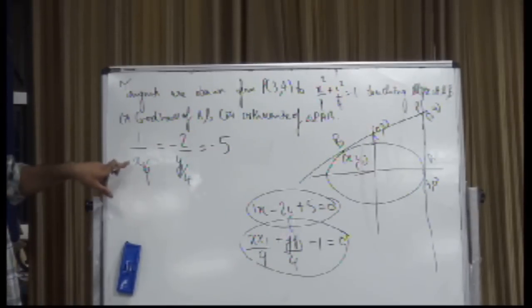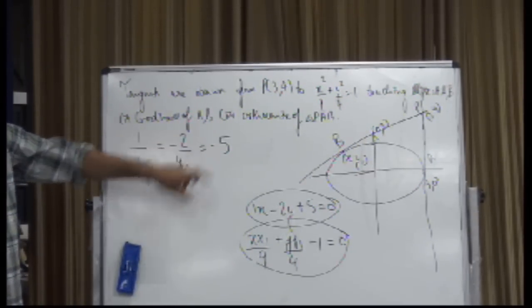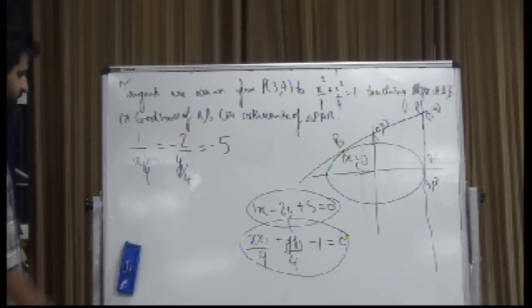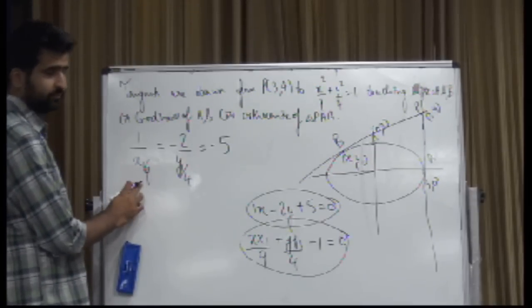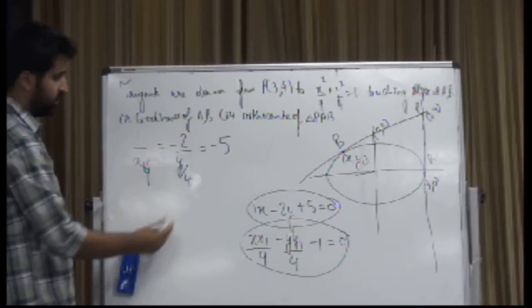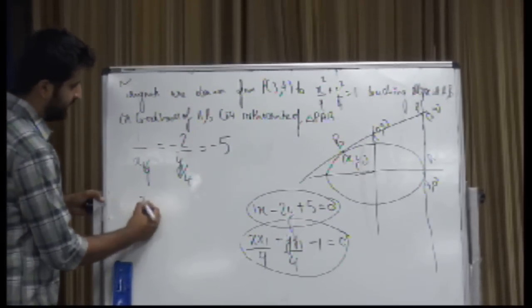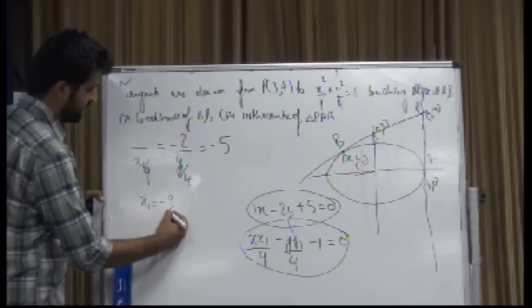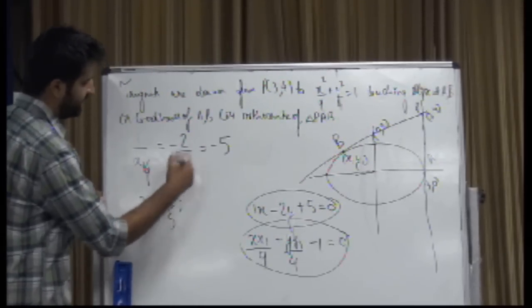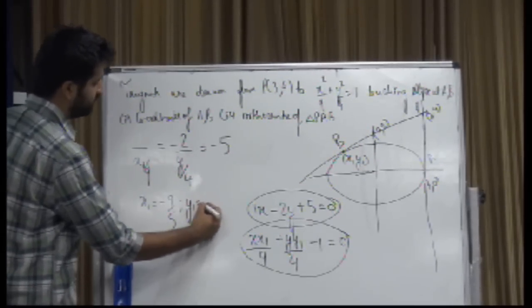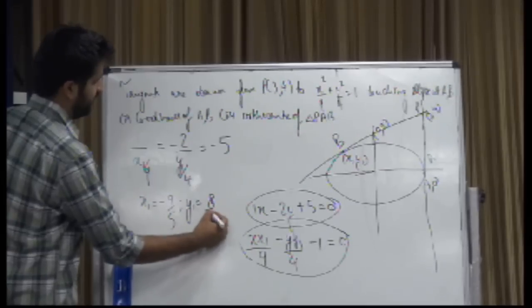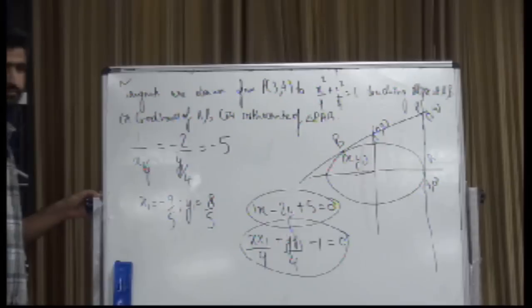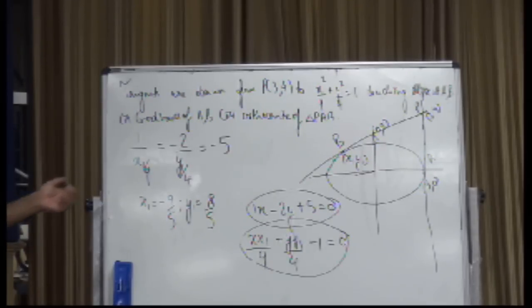So now equate one by one. First equate this thing to minus 5, so you will get x1 is equal to minus 9 by 5. And similarly equate this thing, you will get y1 is equal to 8 by 5, right?